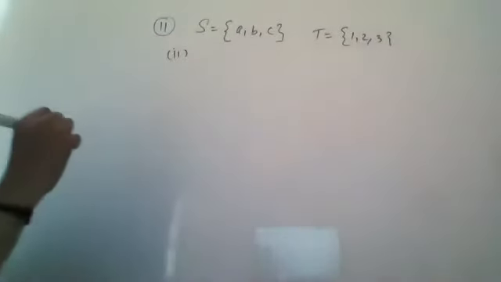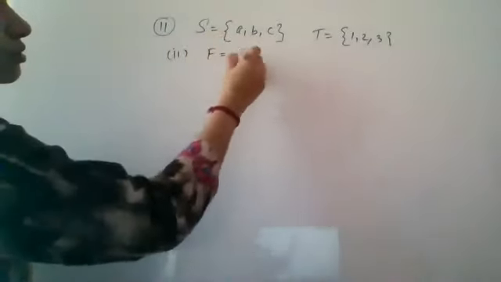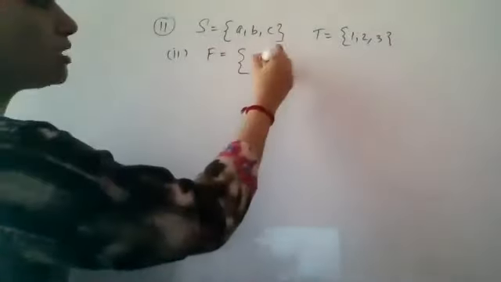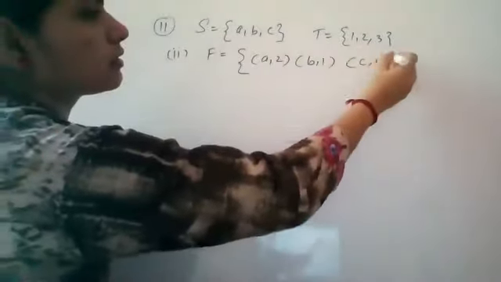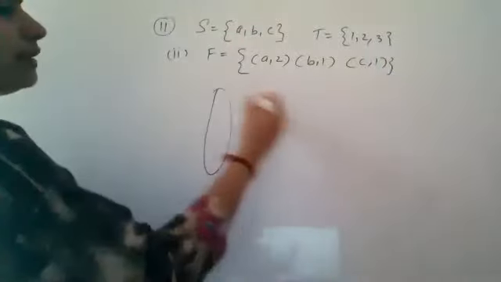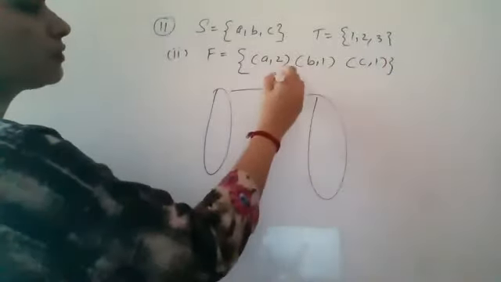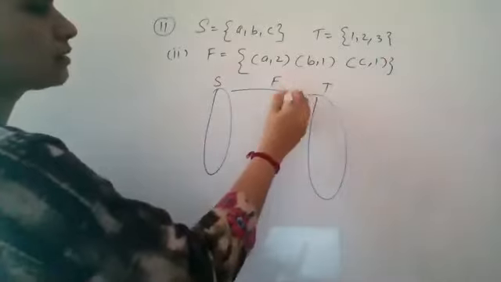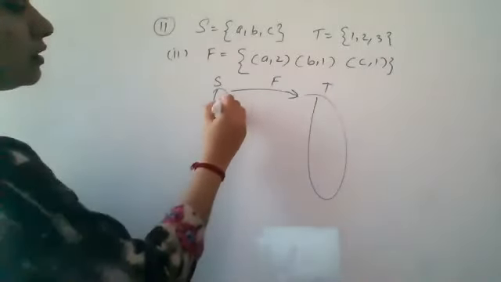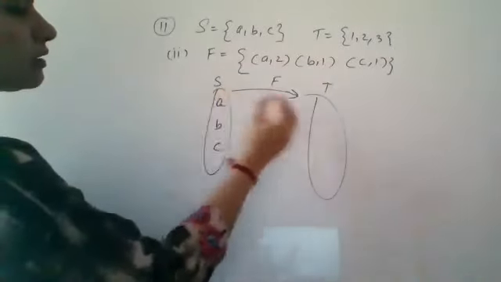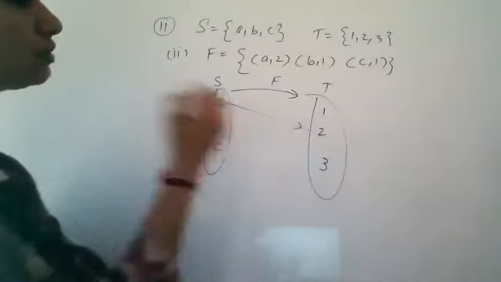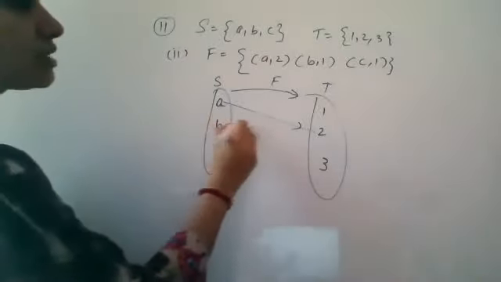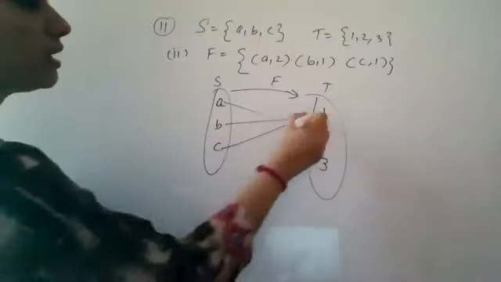Next, f = {(a, 2), (b, 1), (c, 1)}. Again, if you draw the Venn diagram for S and T, here you have a, b, c and here you have 1, 2, 3. Now, if you mark, a is connected to 2, b is connected to 1, and c is connected to 1 again.